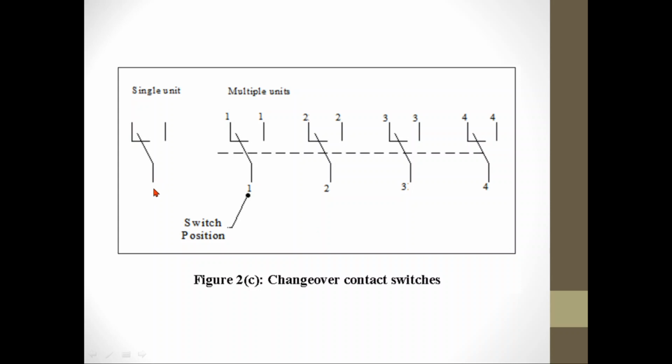So a common point, so this would be the common point, and then you have a provision for normally closed, and then a provision for normally open point also.